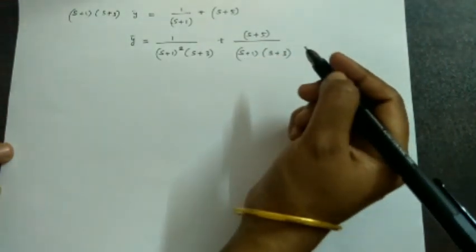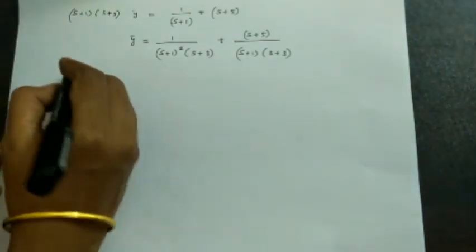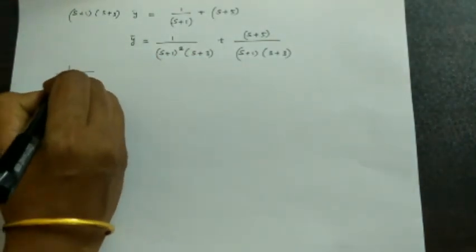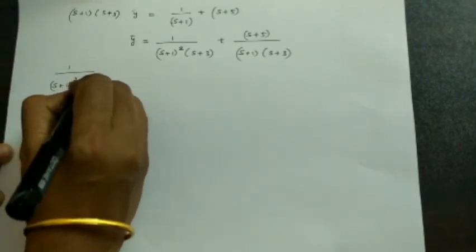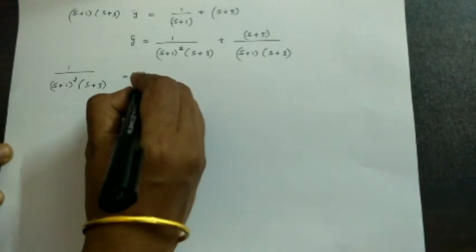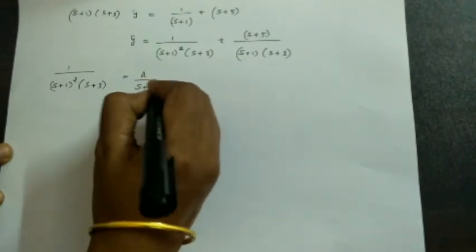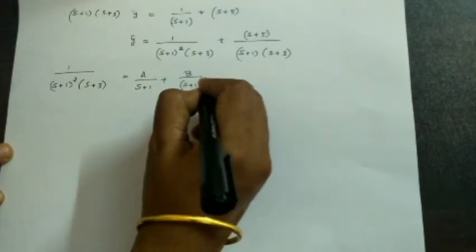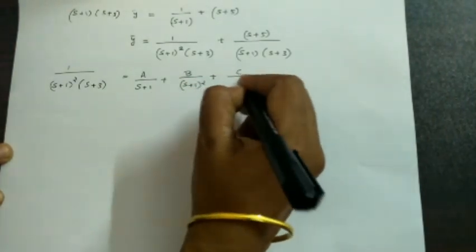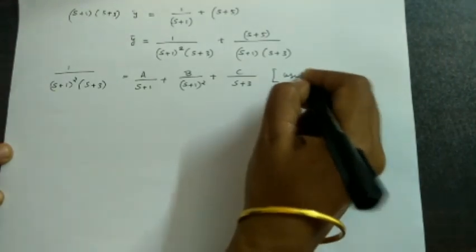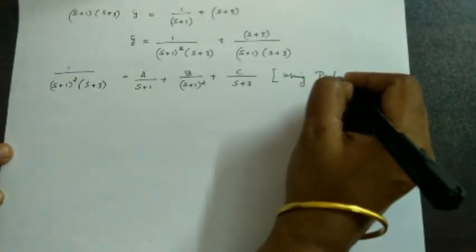Now using partial fractions we can solve this. For that, consider the first term, 1 by s plus 1 the whole square into s plus 3, which is equal to A by s plus 1 plus B by s plus 1 the whole square plus C by s plus 3, using partial fractions.